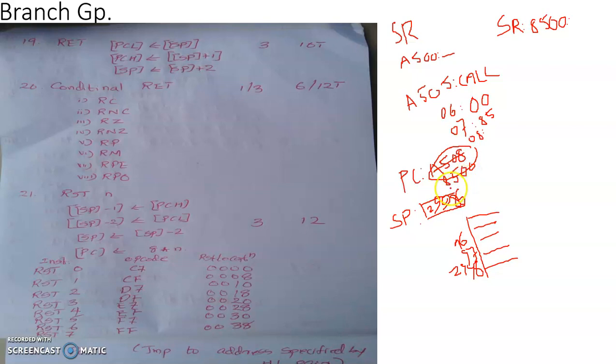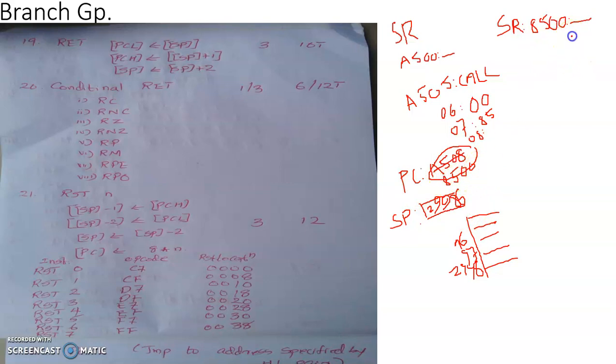Then of course the program written from 8500 will start executing. The first instruction written at 8500 will be fetched by the processor, decoded and executed. Then the program counter will be incremented by 1 to make the new address 8501.